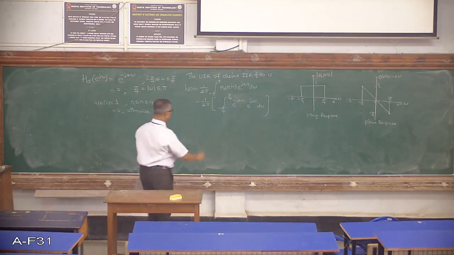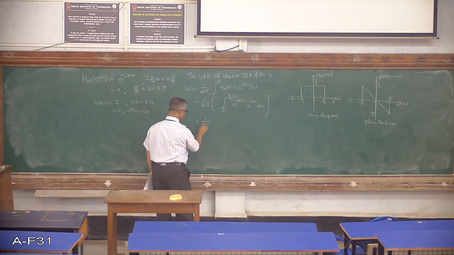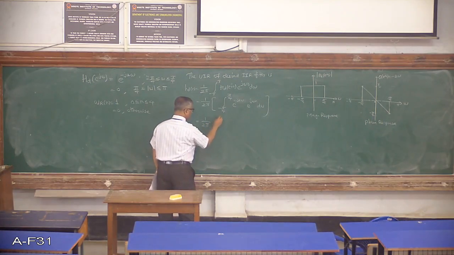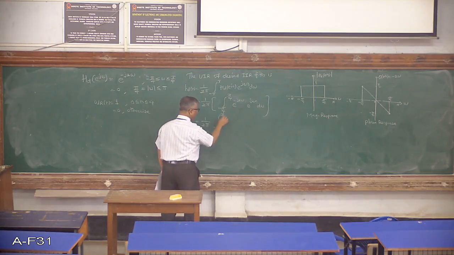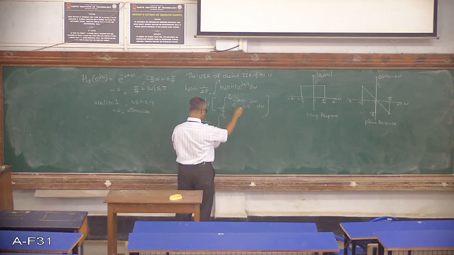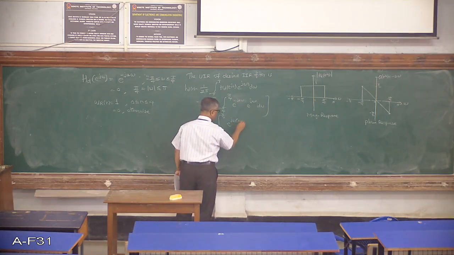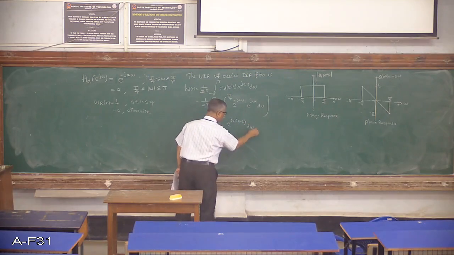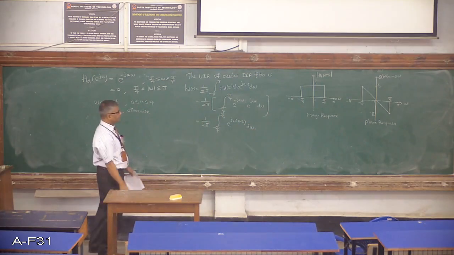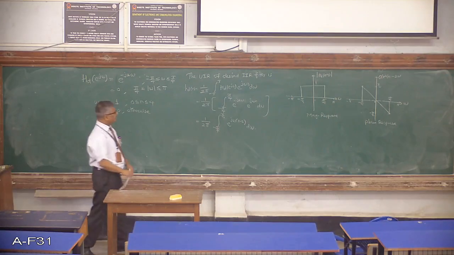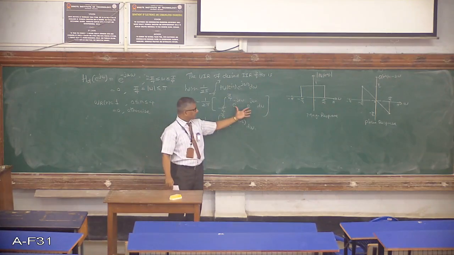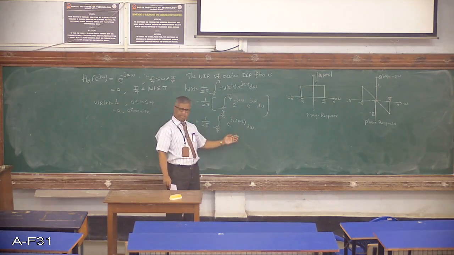So I can write it as 1 upon 2 pi integration from minus pi by 4 to pi by 4. If you combine these two exponential terms, you can write this as e to the power j omega into n minus 2, d omega. You can combine these two exponential terms. This is how you can write. Now this integration you can do.